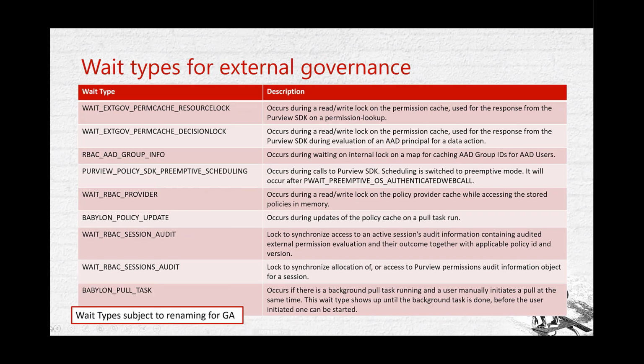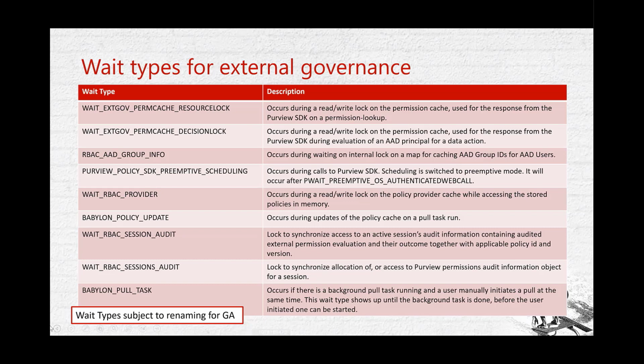Okay, and then we also have a bunch of wait types internally. Hopefully you won't see too much of those, but basically we provide insight into the different stages where some waits may happen inside the SQL engine. For example, when we update policies while somebody is reading, when we are auditing information, when the pull type is running.